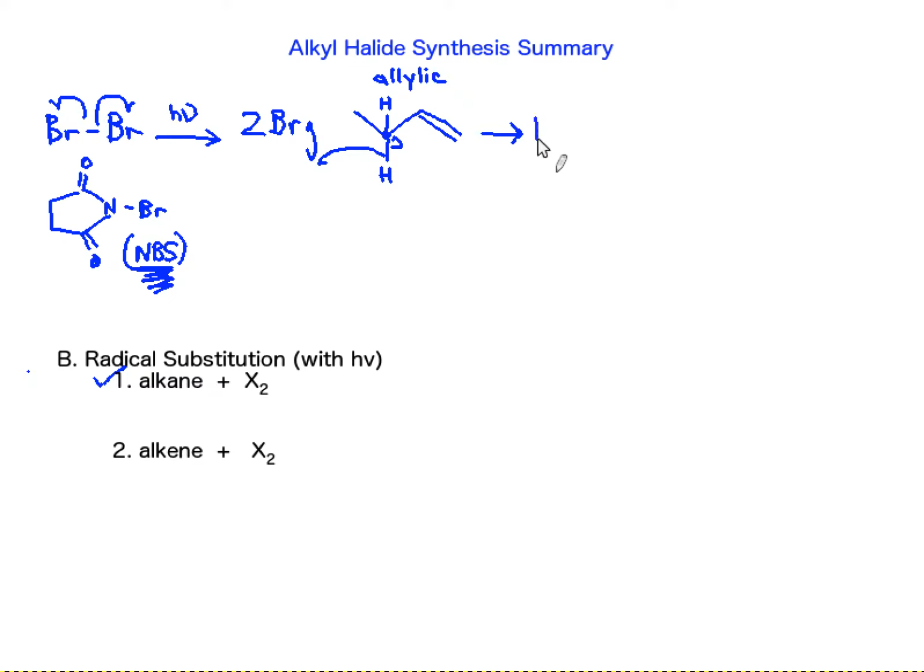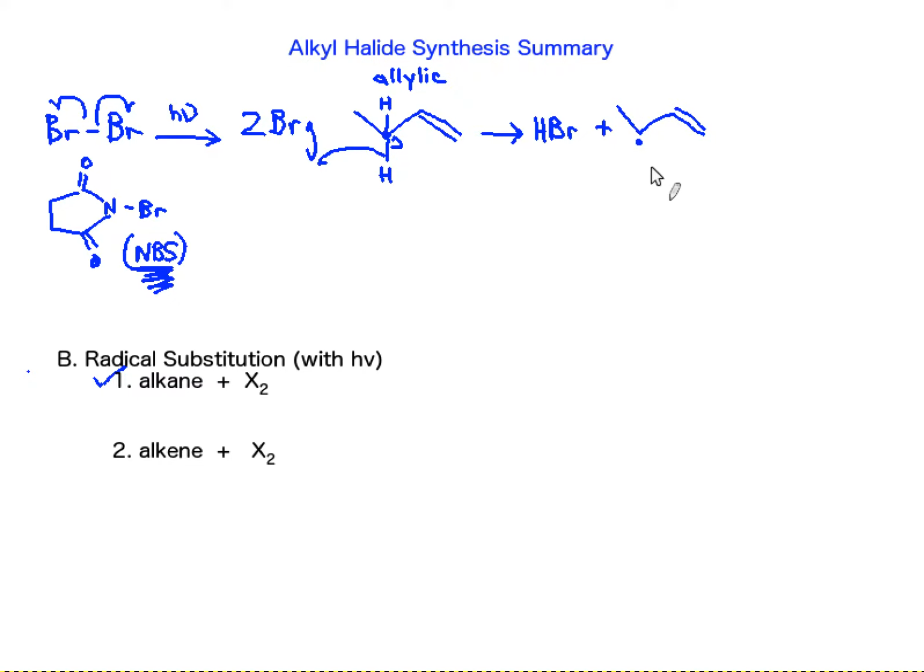This will generate one of our final products of these radical substitution reactions, HBr. But in a propagation reaction, we've just switched where that radical is. It's now on the allylic position of this alkene.